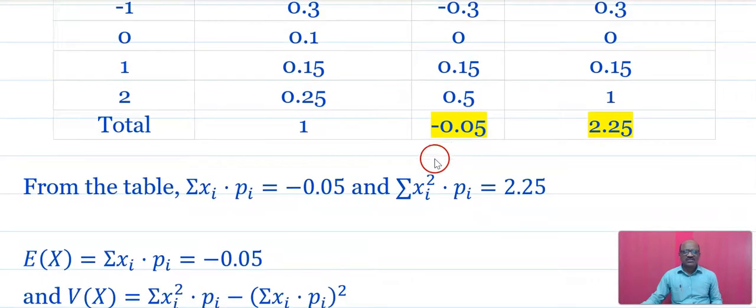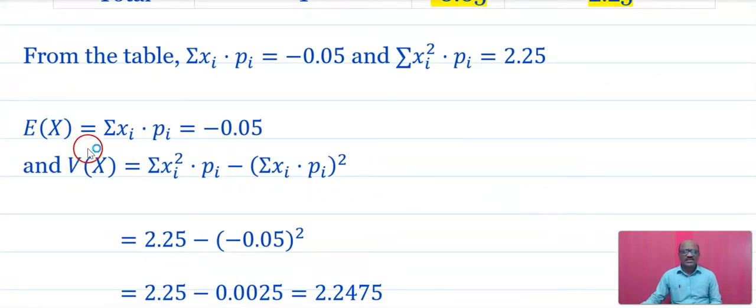Now see here. What is the summation of xi pi? That equals minus 0.05. And the summation of xi square into pi equals 2.25. What is the E of x? E of x equals the summation of xi into pi, that equals minus 0.05. And what is the variance of x? The variance of x is the summation of xi square into pi minus the summation of xi into pi, bracket square.